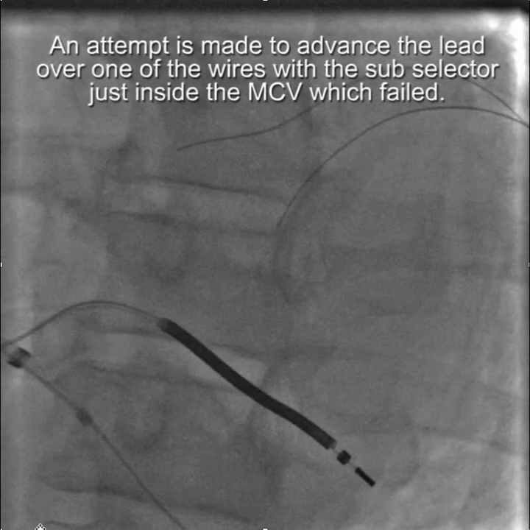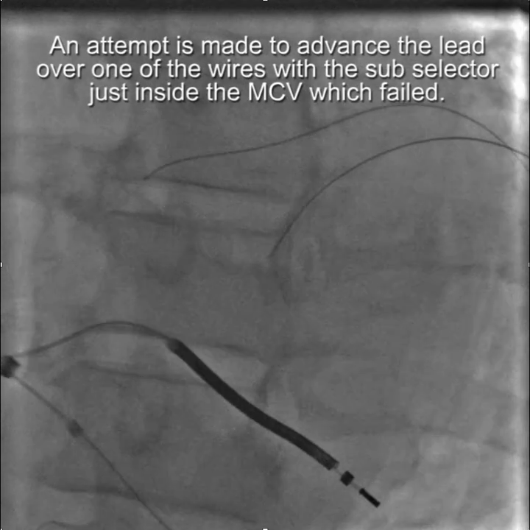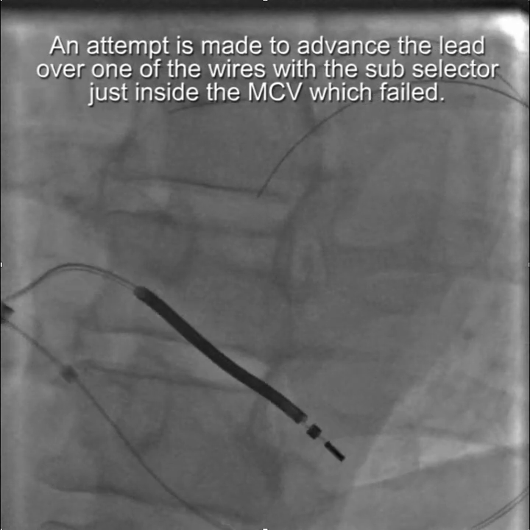So we did a Hail Mary. That is, we attempted to just advance a lead over one of these wires with the subselector just inside the middle cardiac vein, but that was unsuccessful.